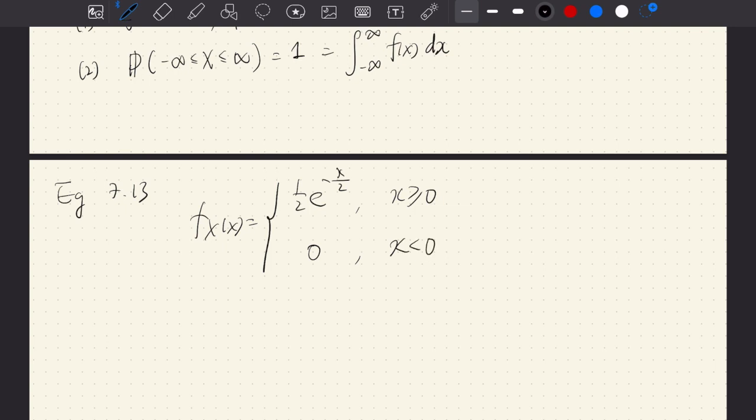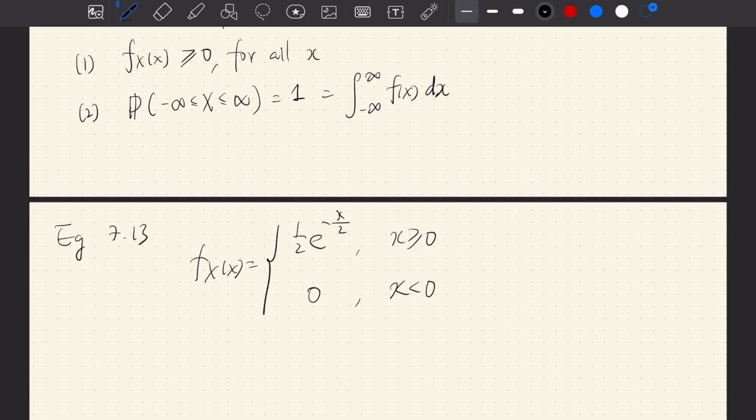Now we try to verify if this function is actually a legitimate probability density function. We talked a little while before that when a function is a probability density function, it should satisfy two requirements. So we first verify the first requirement, which is that f_X(x) should be greater or equal to 0 for all x.